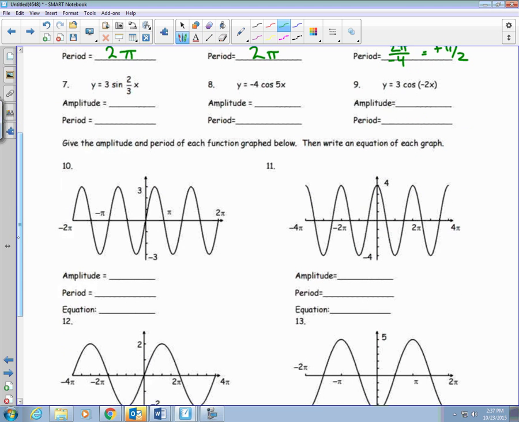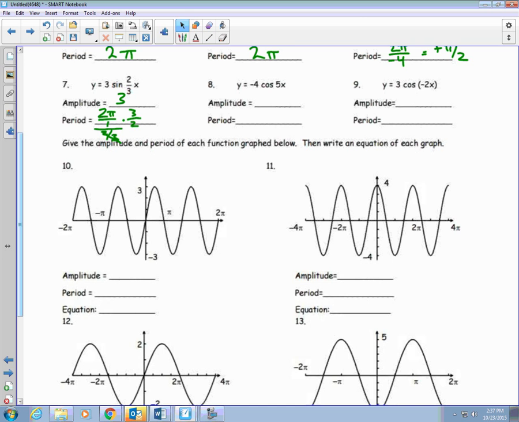Okay, number 7, what's the amplitude? 3. The period, I take 2 pi and I divide it by 2/3. So I got 2 pi over 1 divided by 2 over 3. How do I divide fractions? Multiply by the reciprocal, so times 3 over 2. What cancels?